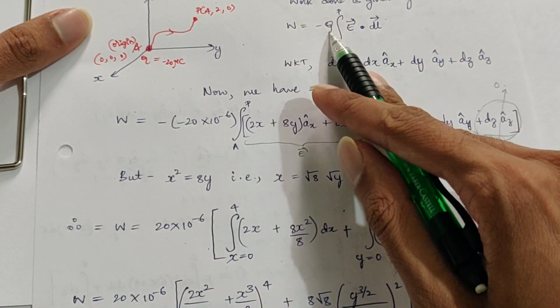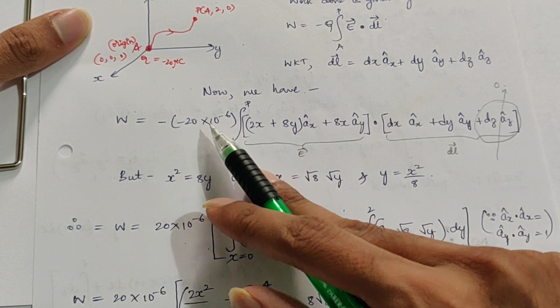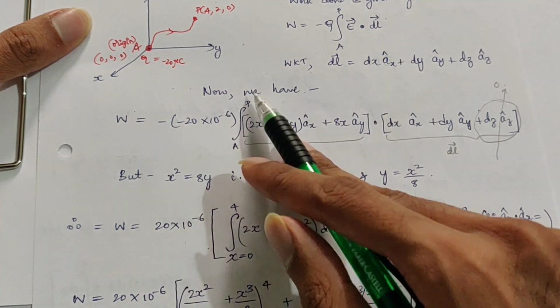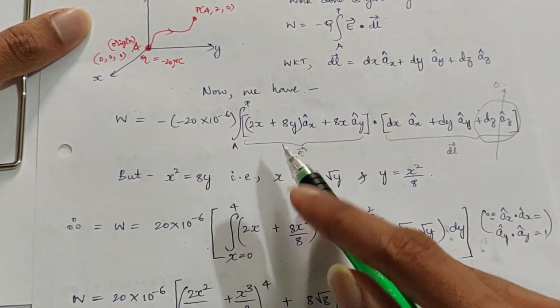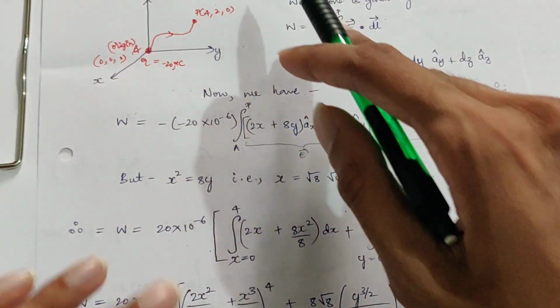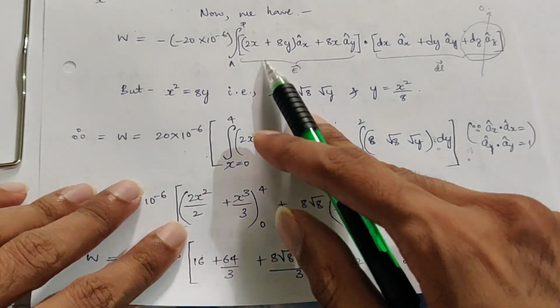So instead of Q, I will substitute minus 20 microcoulomb. I have done that here, and I have to move from point A to P, so I have put that as the limits in my integral. E is given in the problem, and I will substitute that E here.